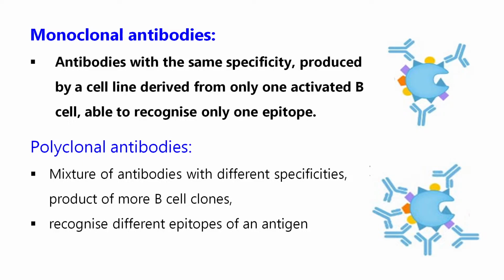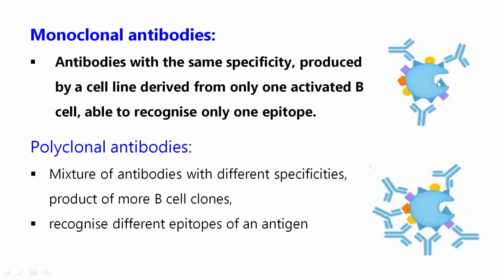Monoclonal antibodies refer to a homogeneous population of antibodies that are produced from a single clone of plasma B cell. Whereas polyclonal refers to a mixture of antibodies that are secreted against one single antigen. So in polyclonal it is single antigen, whereas in monoclonal it is single epitope.